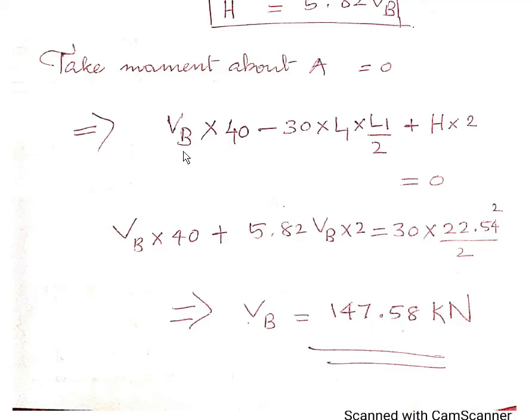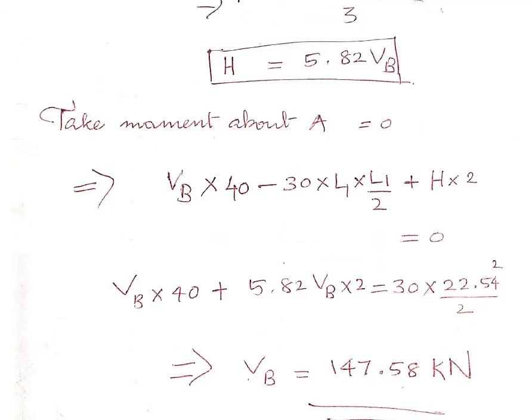In this equation we can substitute the value of H as 5.82 VB. If we change the equation into a single unknown equation, then VB is the unknown here. So we get the value of VB equal to 147.58 kilonewton.